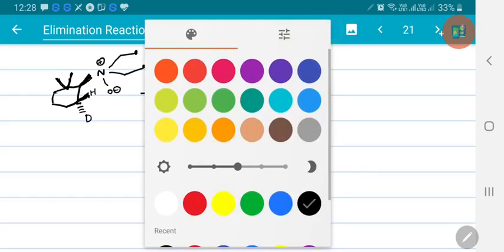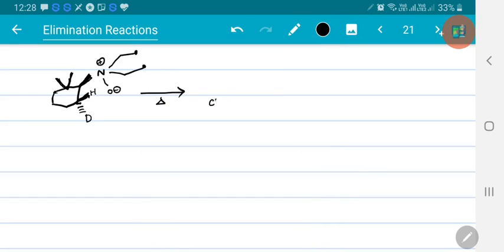So the product will be CH2 double bond CH2, because abstraction is from the less hindered system. The remaining things stay as they are, so this total ring system remains as it is. This has deuterium, nitrogen gets its lone pair back, one ethyl group is present, and this is converted into OH.